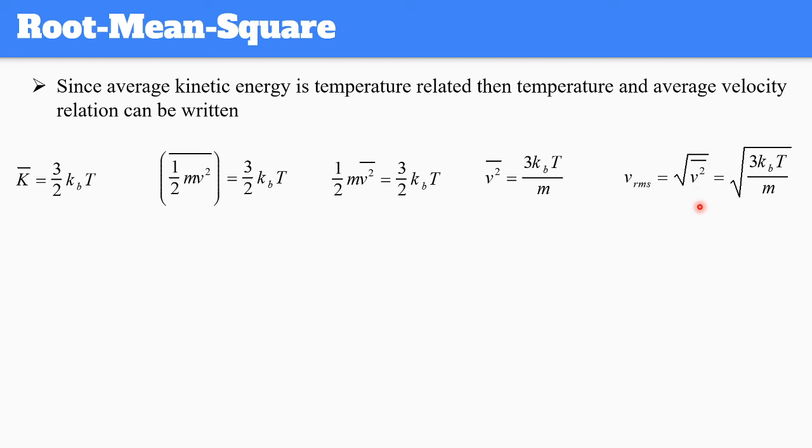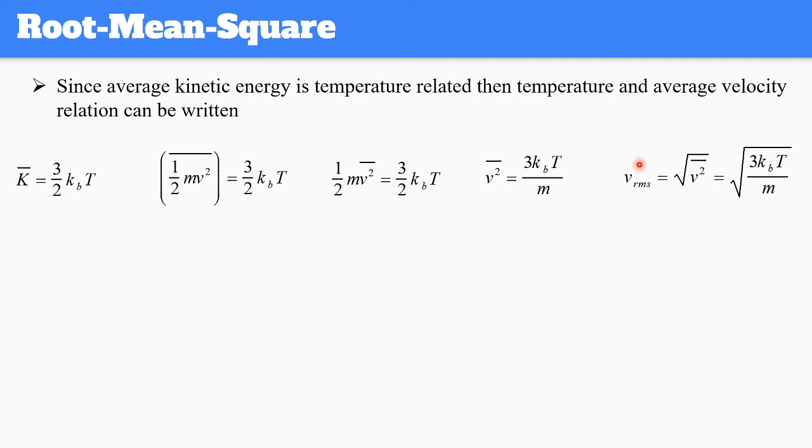So average means mean value, right? And since we are taking the root of it, it's basically root mean square. So since we are taking the root of the mean and the square of the velocity, then basically they have this name, root mean square, and it's shown by RMS.